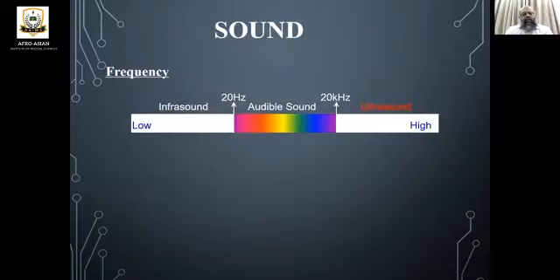Above that is ultrasound. But keep in mind, dogs can hear more. This is for human beings, 20,000 hertz. For dogs, the normal range is 50,000 hertz. For bats, it is 100,000, 100K, which is kilohertz.